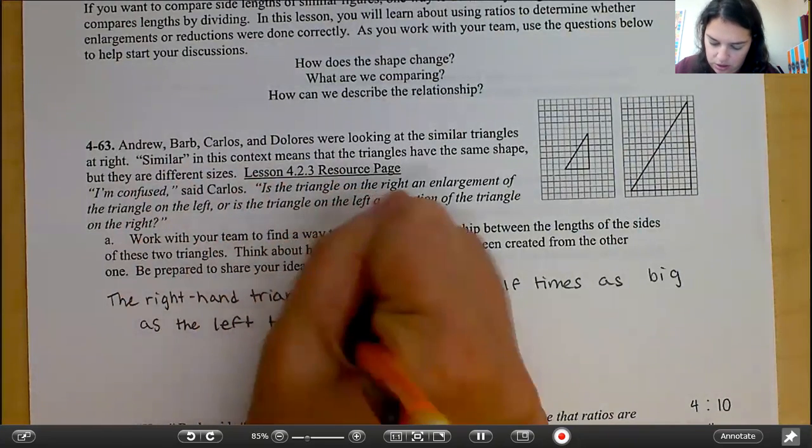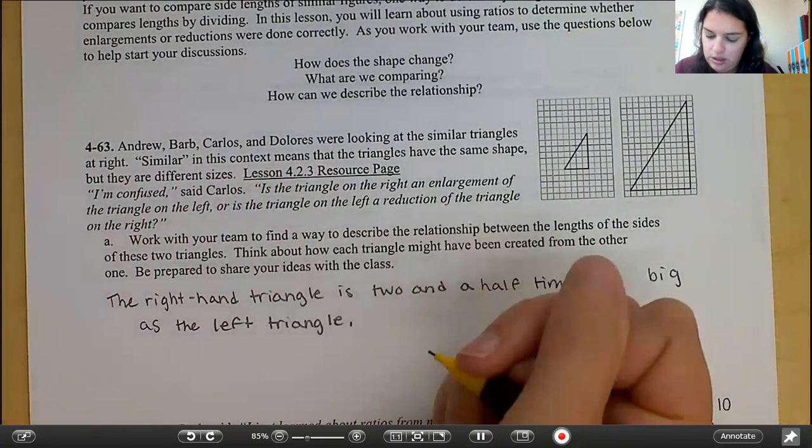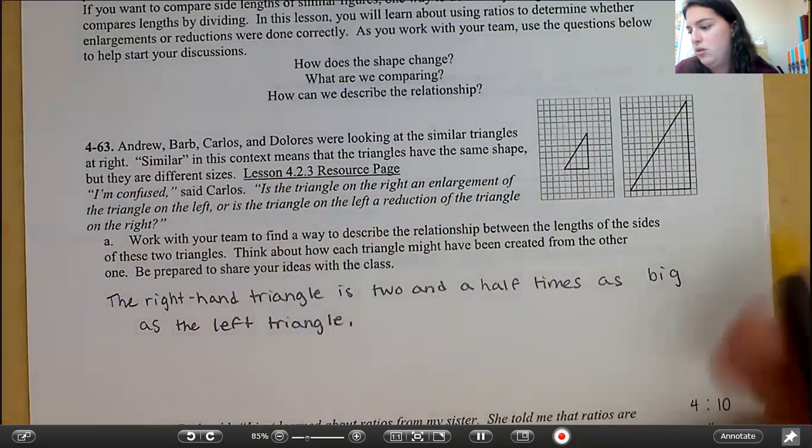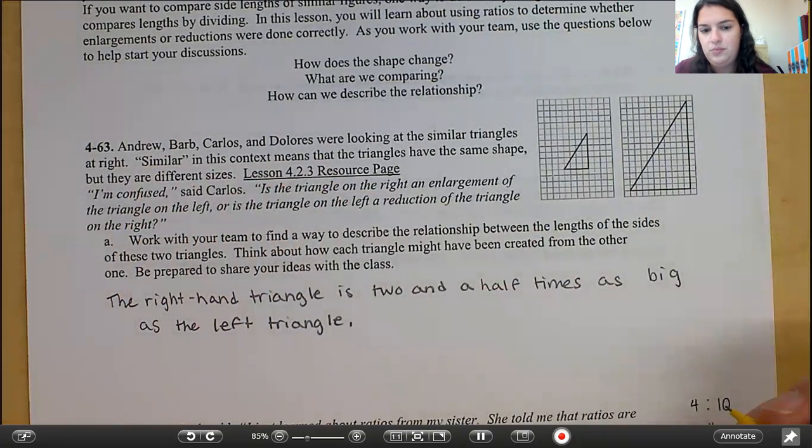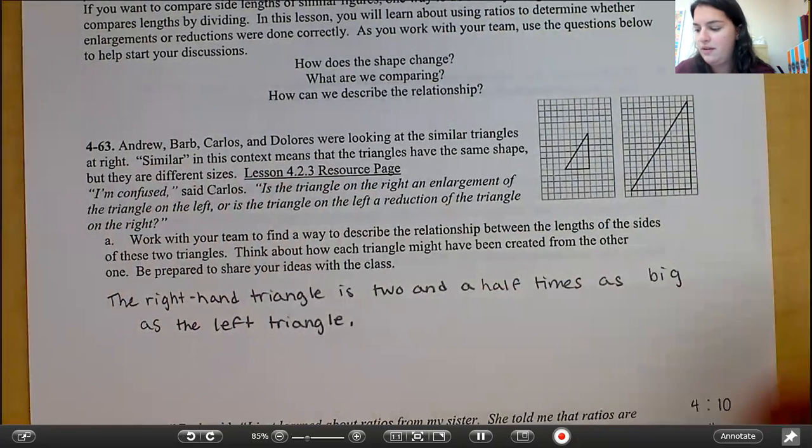So in other words, you could have said for every 2 grid units in the left-hand triangle, it becomes 5 units in the right-hand triangle. So it's 2.5 times as big.